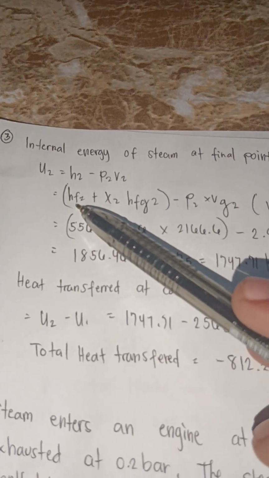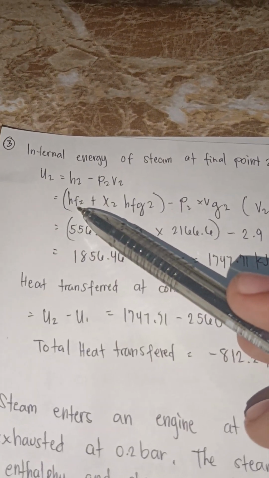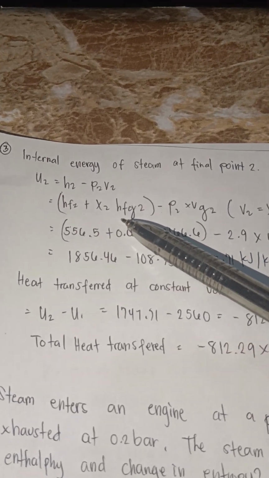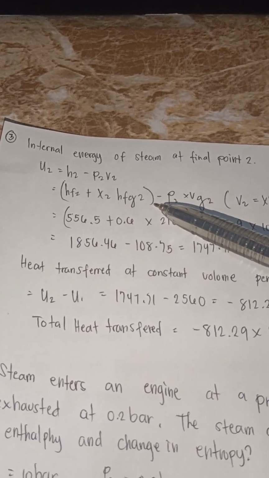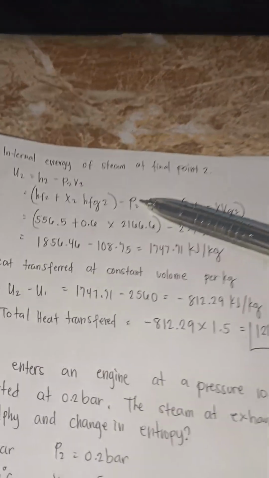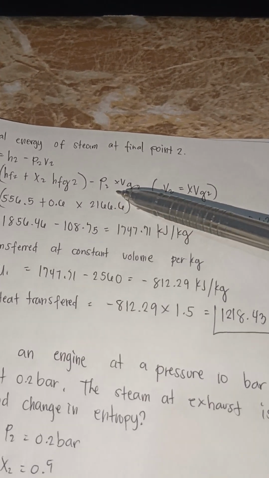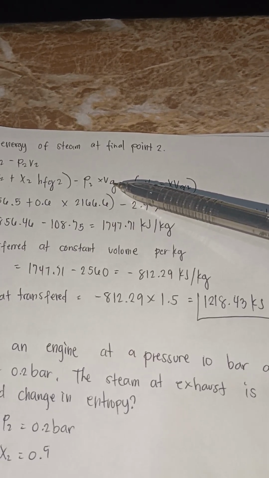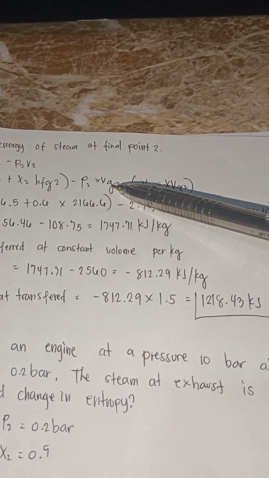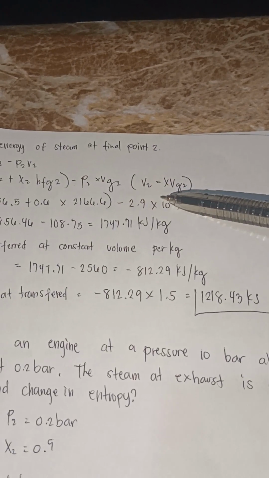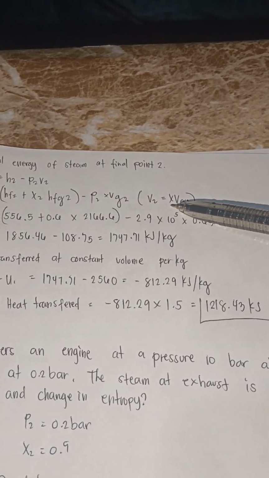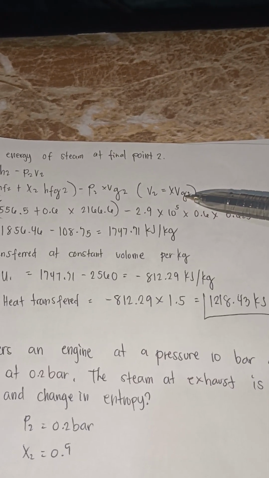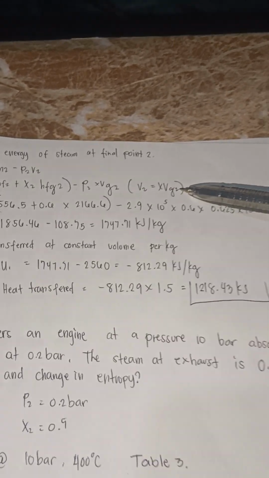So enthalpy of the saturated liquid plus the quality times h sub fg, minus P sub 2 times the volume of the saturated vapor. The final volume is equal to x times the volume of the saturated vapor.